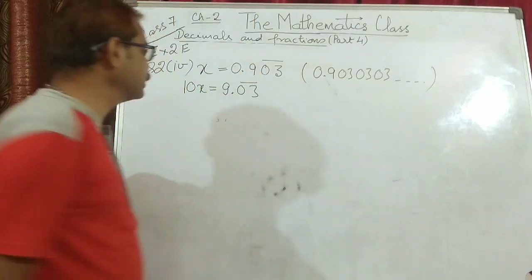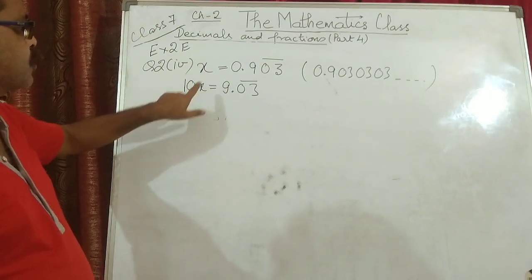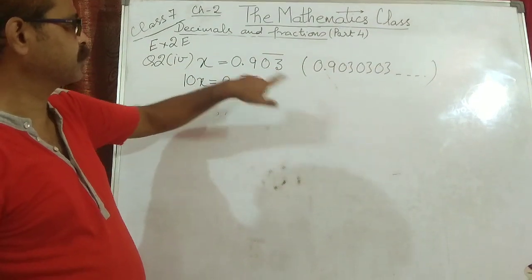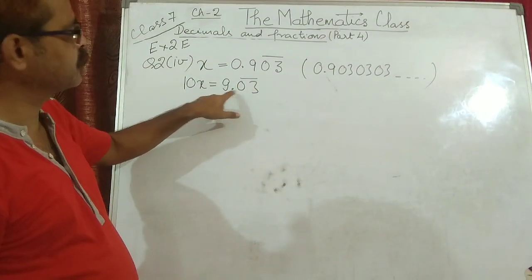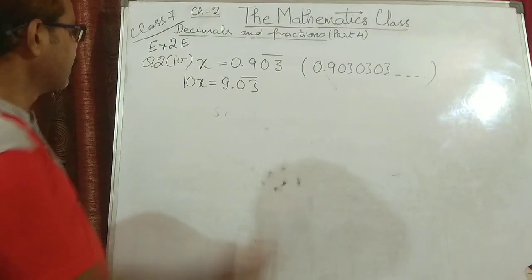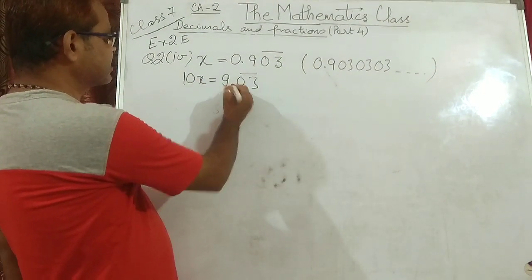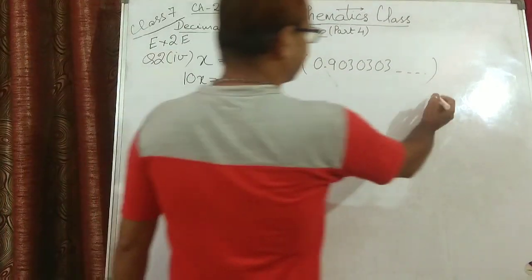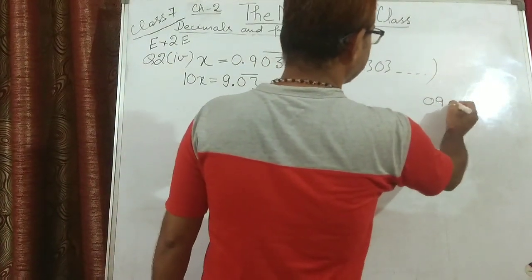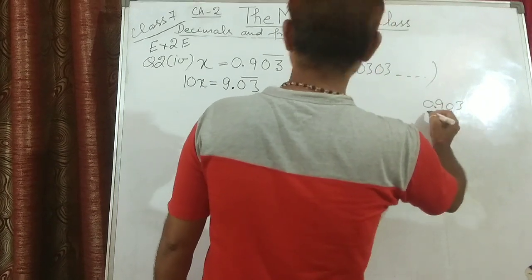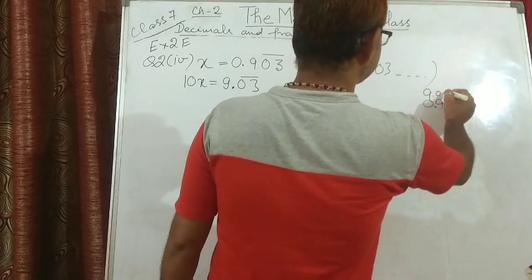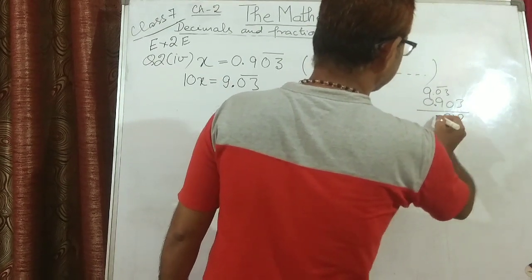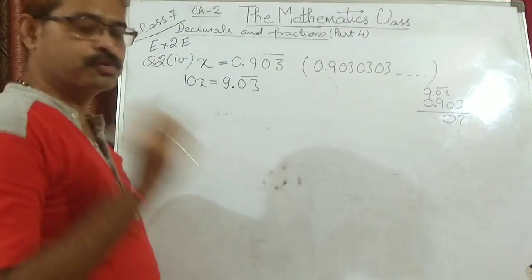We have multiplied 0.9030303 by 10 and got 9.030303. Now if I subtract these two, 0.903 and 9.03, we will not get 0 at this place. It means we have to do something else.